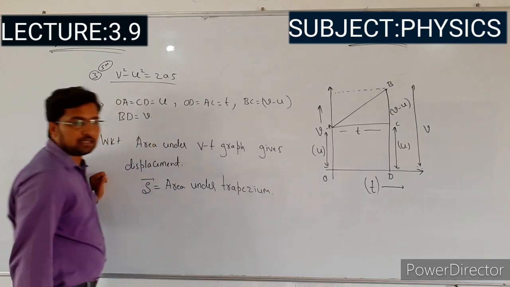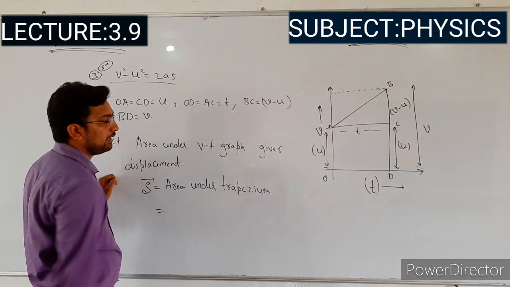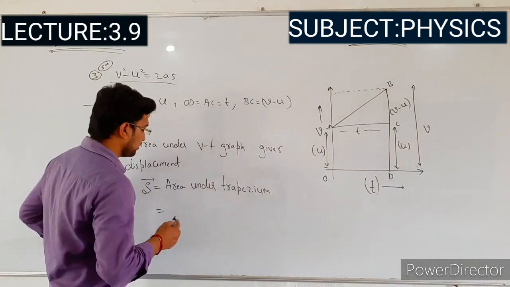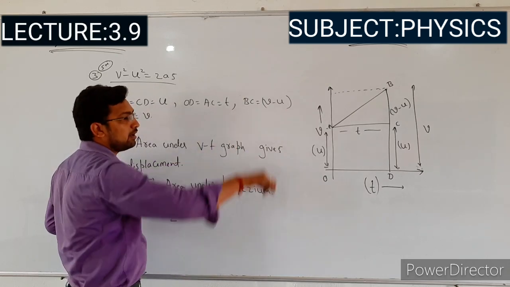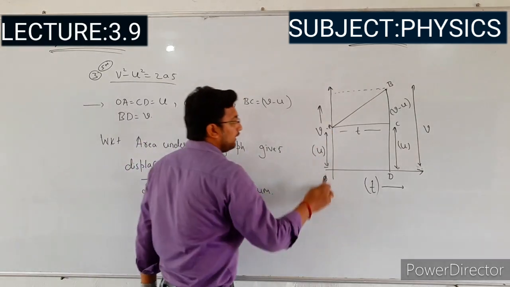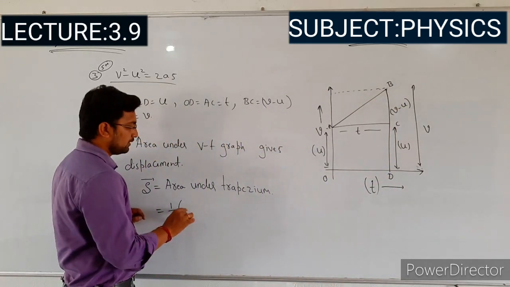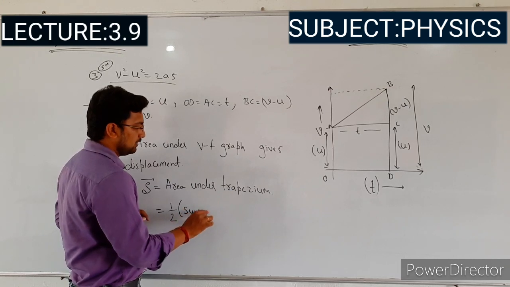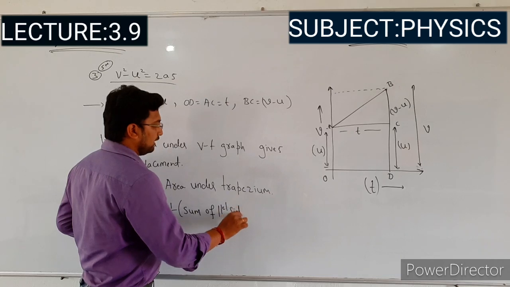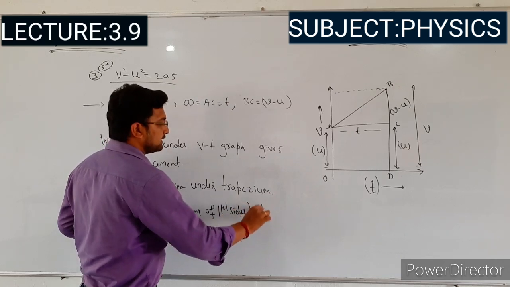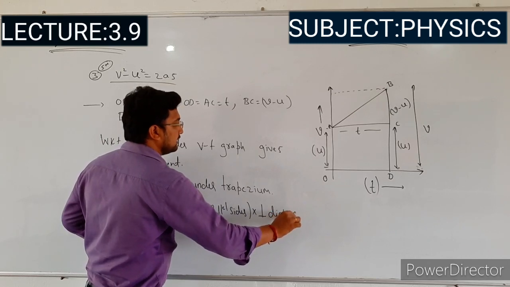Okay. So this is equal to, so what is the formula we use to find out the area of a trapezium? So that is 1 divided by 2 into the sum of the parallel sides. So OA and BD are the parallel sides. So here 1 by 2, the sum of parallel sides into perpendicular distance.